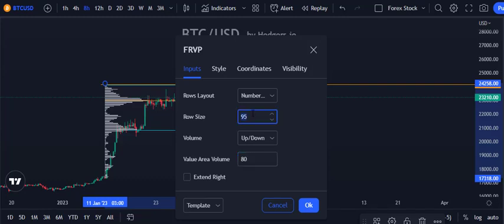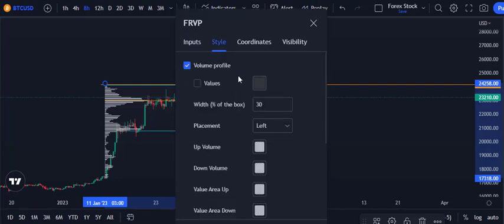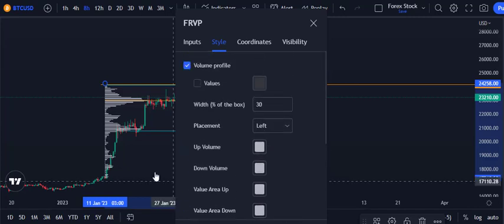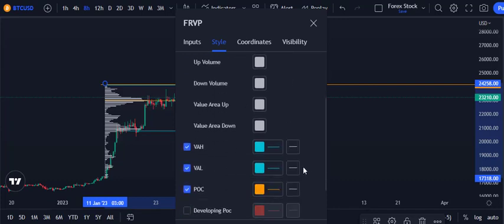Row size you can take towards 100 as well, but mine is at 95. And now you see the volume profile, I have customized it with this white color because I don't want to make my chart too fancy right now. Now you see value area high, value area low, and point of control. Those are our three main categories here.